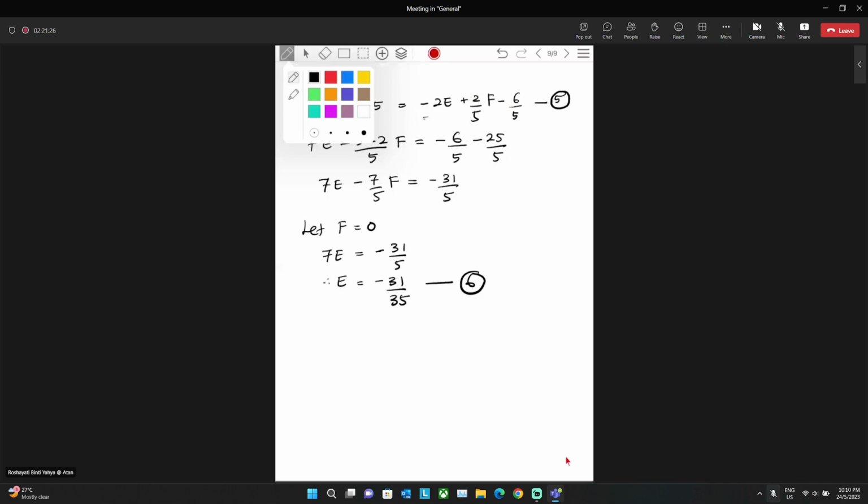Never mind. For now we still follow the steps. If I get any update, I will get back to you. So for now, E equal to negative 31 over 35.